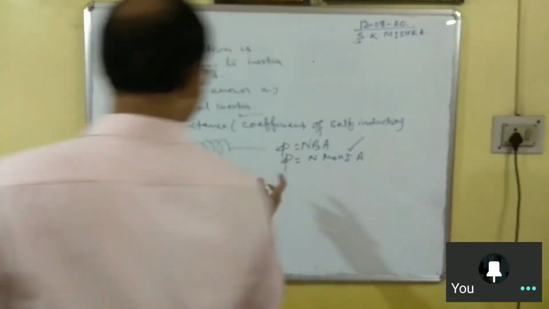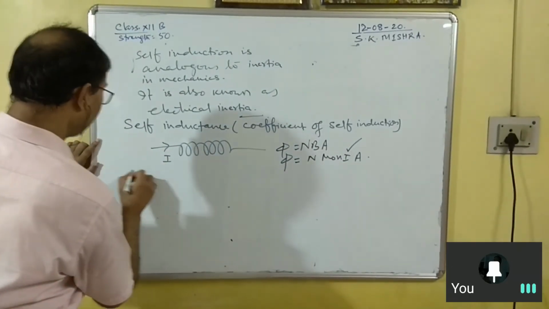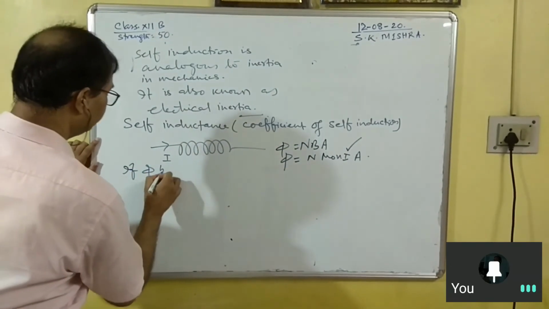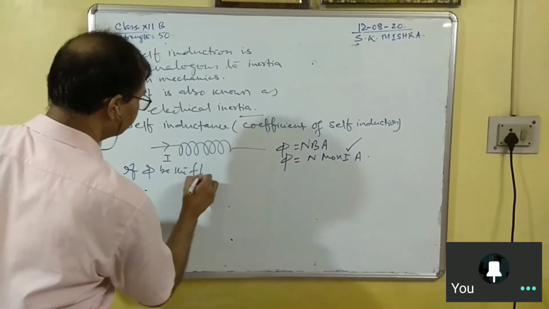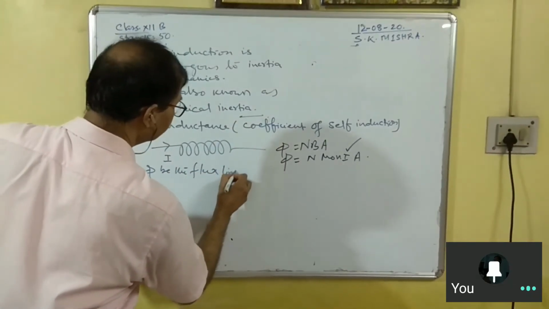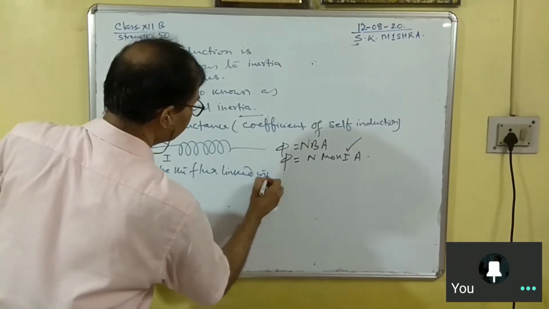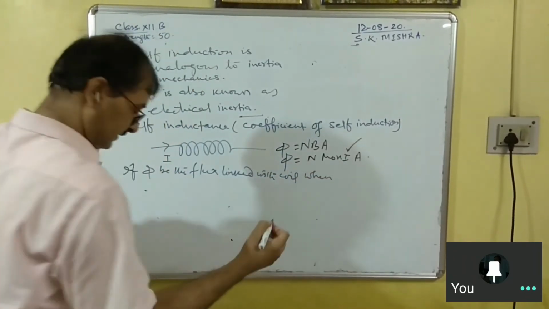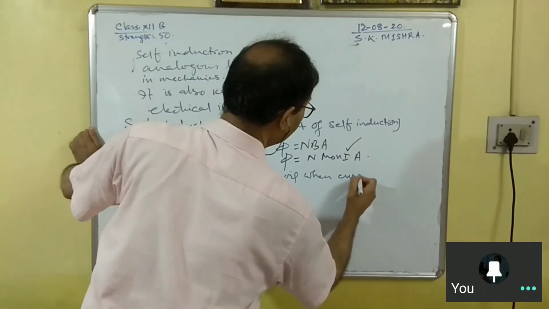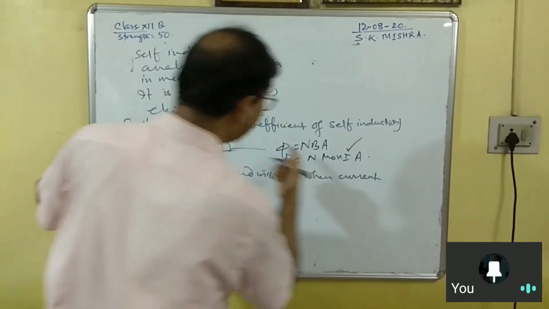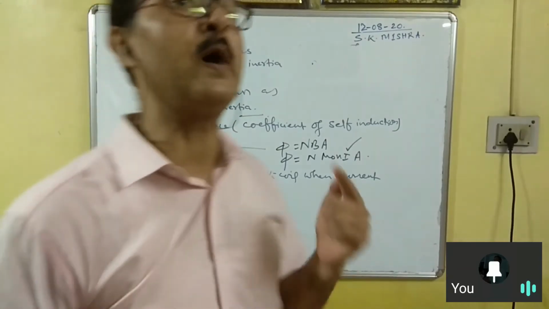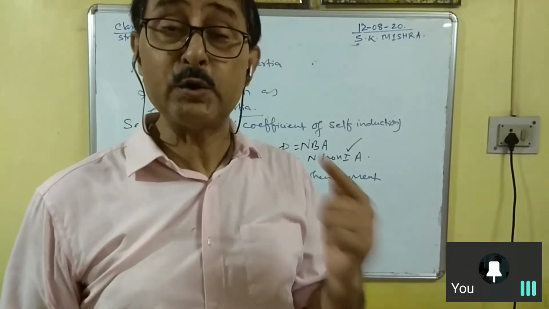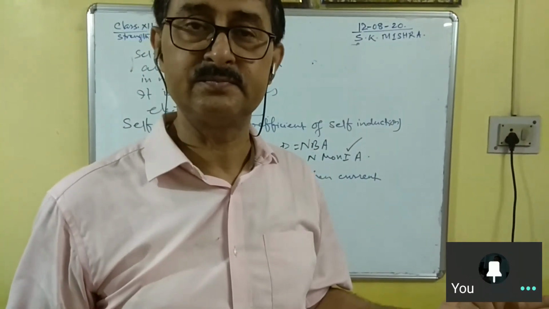So if phi be the flux linked with the coil when current I flows through it, remember phi is the total flux. I am not talking about the flux linked with one coil, one turn. A solenoid may consist of N turns.